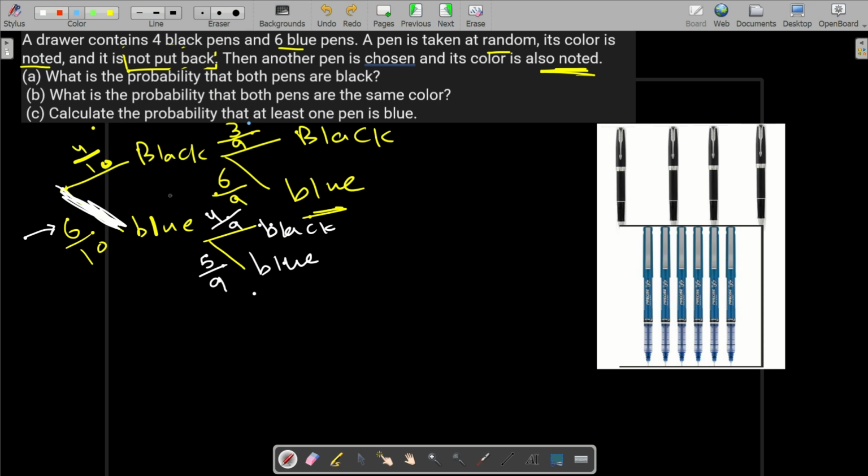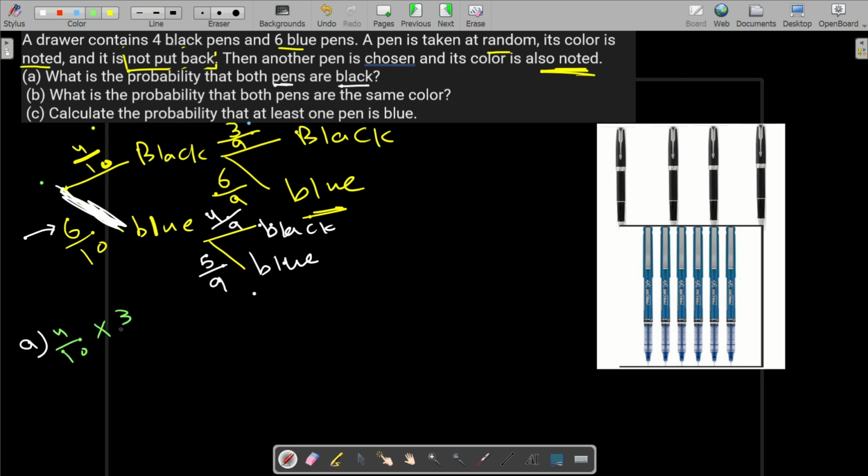Using this tree diagram, you can solve any of these 3 questions. Let's start here with question A. In question A, what is the probability that both pens are black? Both pens are black, so black, then another black. Can you see these numbers here? 4 over 10 multiply 3 over 9.